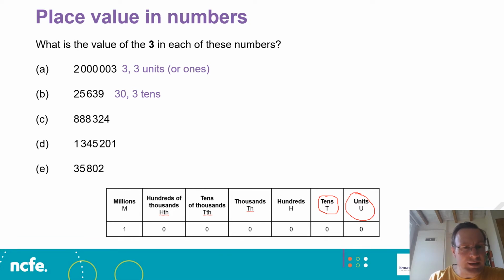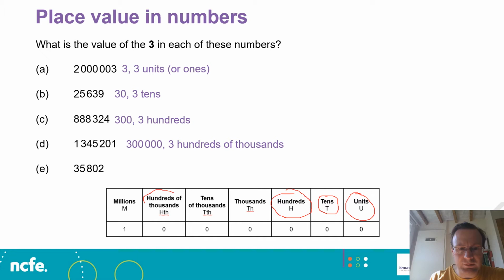In 888,324, the place value of the 3 is 100? Let's see if that's right. 3 hundreds, and then a little skip. We've got 3 hundreds of thousands in that one. And then we're going to nip back. In 35,802, you can see we're missing one. Here we are, 3 tens of thousands. That's what we mean by the concept of a place value.